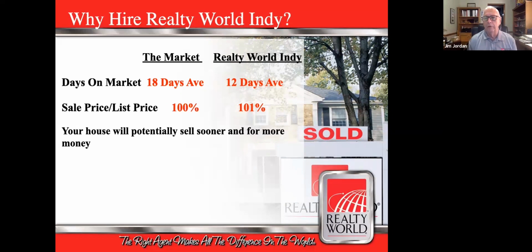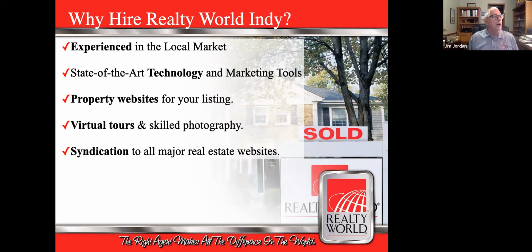We're averaging 101%. So based on the stats, if you list with Realty World Indy, your house will potentially sell sooner and for more money. You can, by the way, if you don't want to use a slide, either delete it or hide it, skip it. Just so that you know, as you're editing this for your own use.